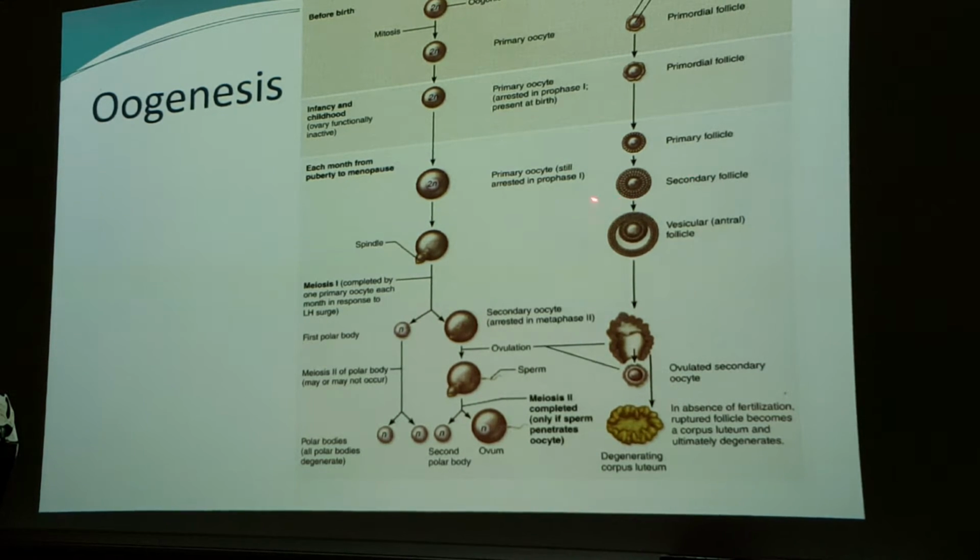And so as you go through meiosis 1, one of the packages of chromosomes is discarded, and as you go through meiosis 2, all the other packages of chromosomes are discarded except one you keep as your haploid cell, because you don't want to expand the ovary 4 times its size. So 1 oogonium gives rise to 1 egg plus 3 what are called polar bodies, little bags of genetic material that are discarded.